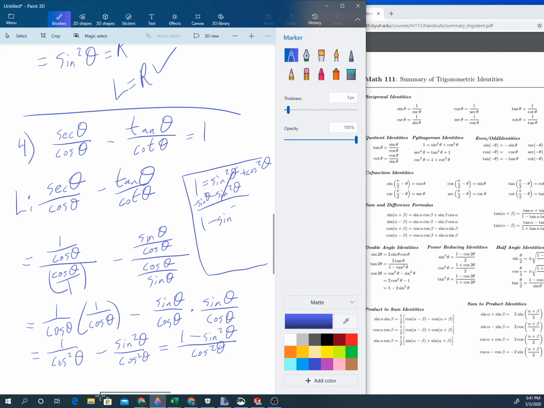So I can substitute out what's on top here for a cosine squared theta. And check it out, you got the same thing on top and on bottom. We get 1, which was what the right side equaled. So again, we proved that the left side equaled the right side.